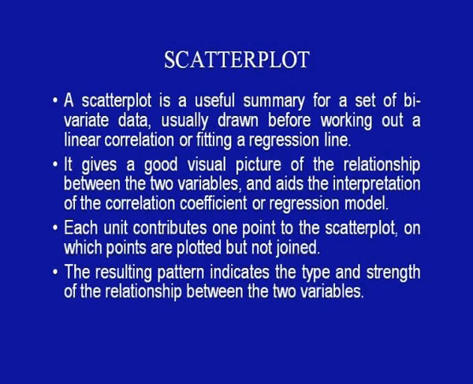It gives a good visual picture of the relationship between the two variables and aids the interpretation of the correlation coefficient or the regression model. Each unit contributes 1 point to the scatter plot, on which the points are plotted but not joined. The resulting pattern indicates the type and the strength of the relationship between the two variables.